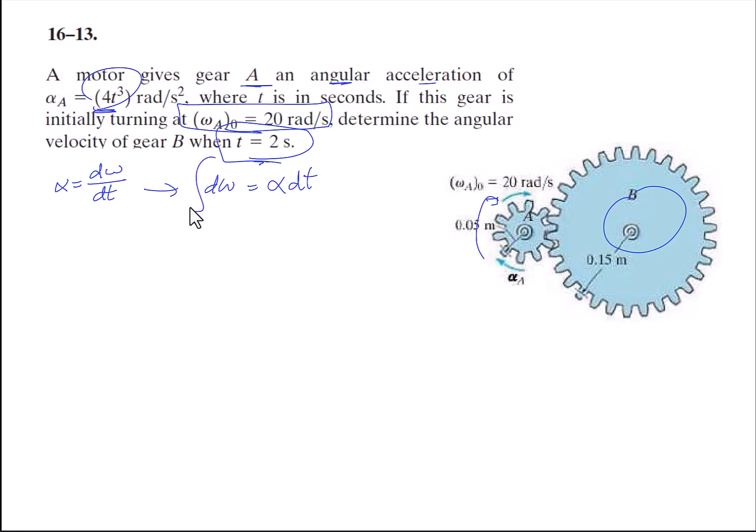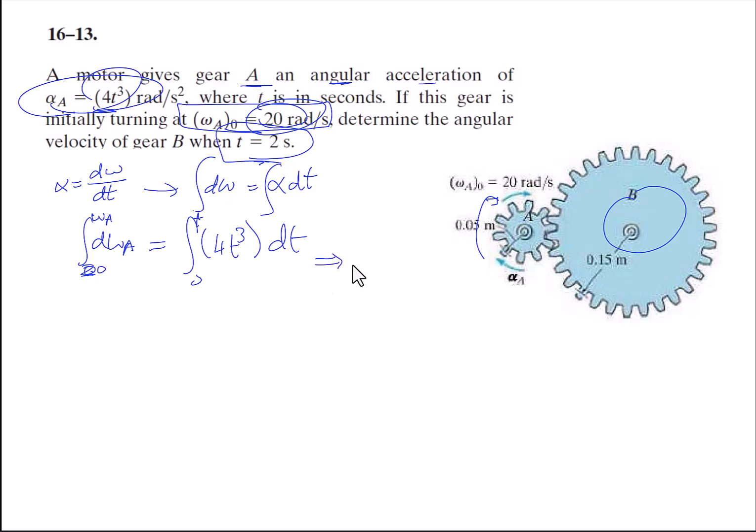We can integrate this and we'll get the integration from 20, the initial, to the final omega, which is, let's say, omega A, and this is just d omega A, and this is equal to the integral from 0 to t of this acceleration, which is 4t to the third dt.